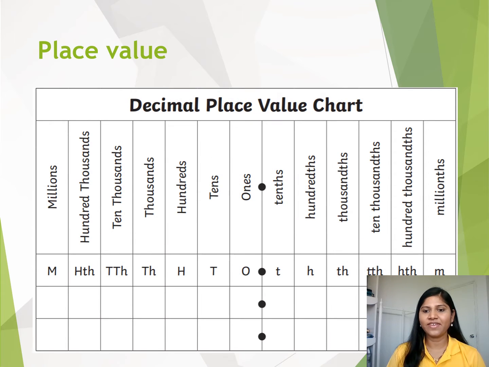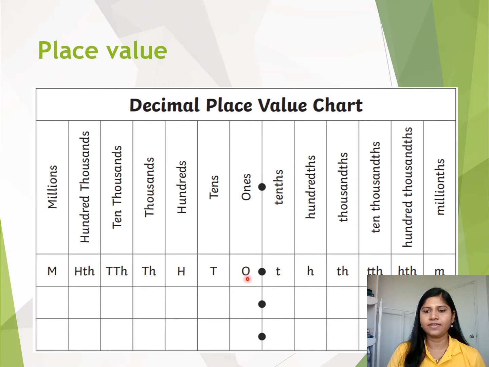This is the place value chart for decimal numbers. You see that the part numbers, the fractional numbers, and the whole numbers are separated by a decimal point. So we will see first the place values for the whole numbers to the left of the decimal point.